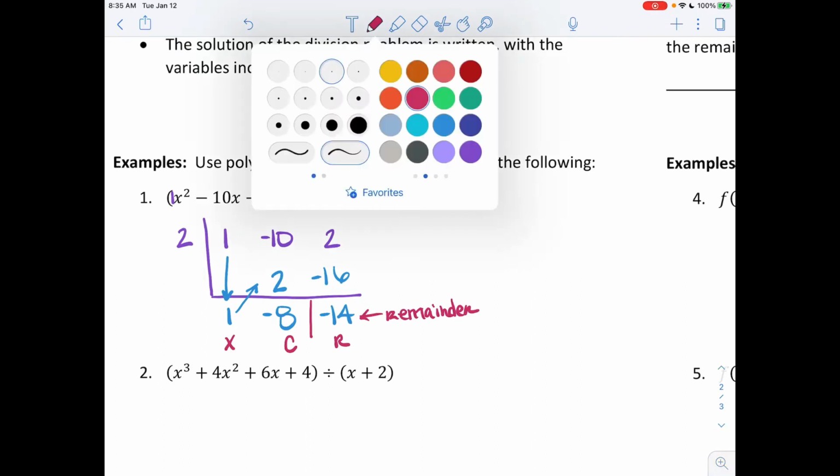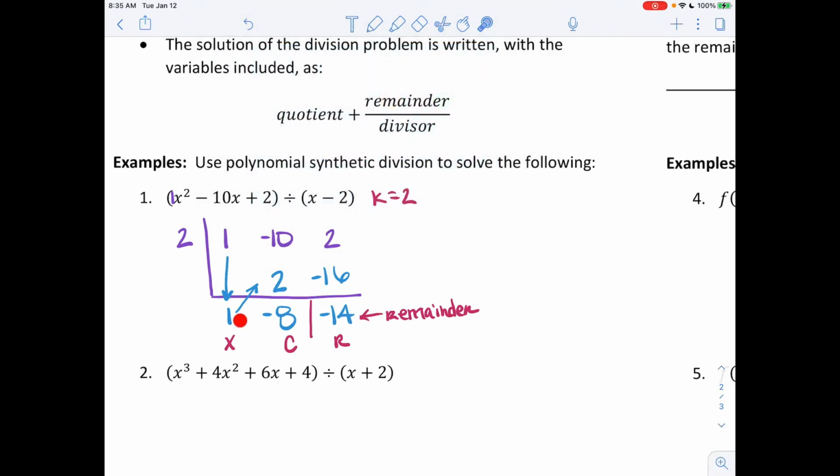So our answer is going to be combining the coefficient and the variable with any exponents left on it. So we're going to have a 1x. We would typically just write that as x. We have a negative 8 is our constant, so that doesn't get a variable, so minus 8.